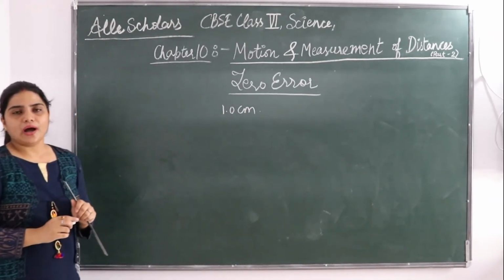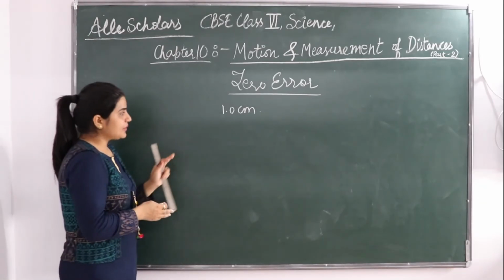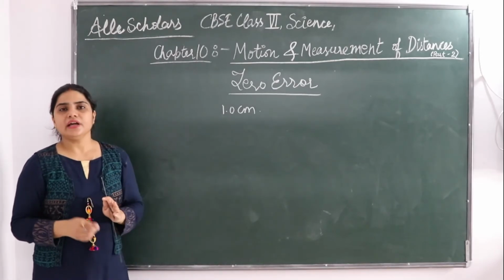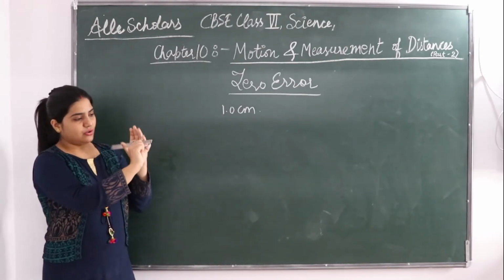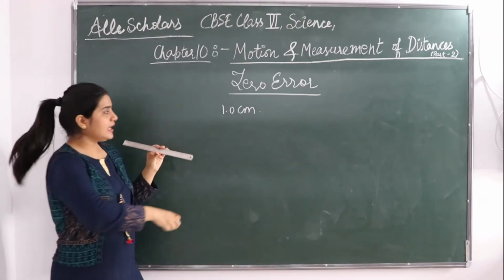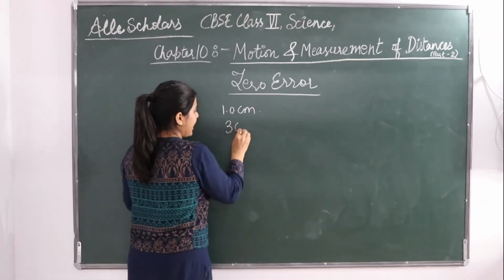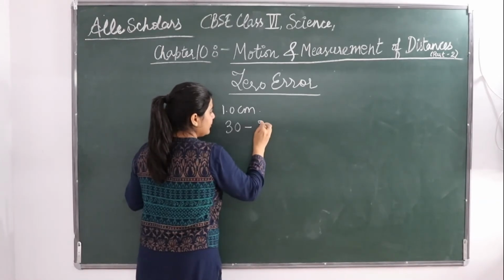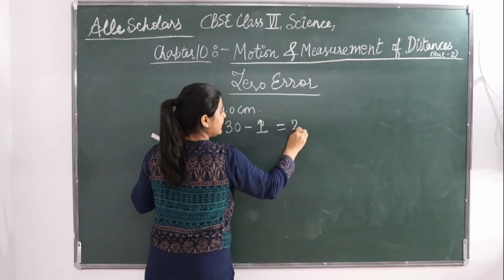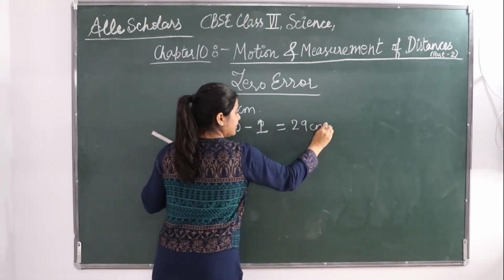So next what we have to do? You have to subtract the reading from this mark from the reading at the other end. So 0 was missing, here is 30. So you are going to subtract 1 from 30. It is going to give you 29 centimeter.